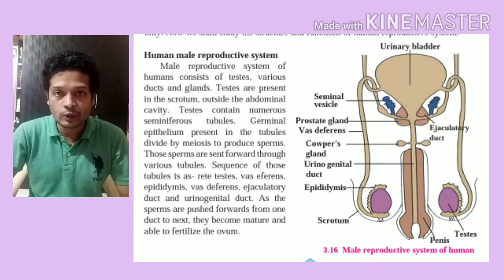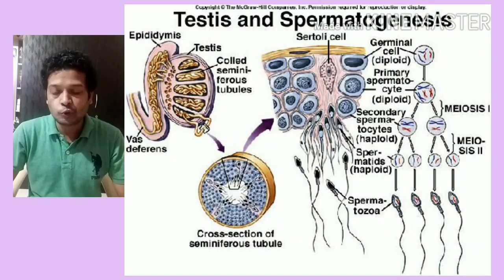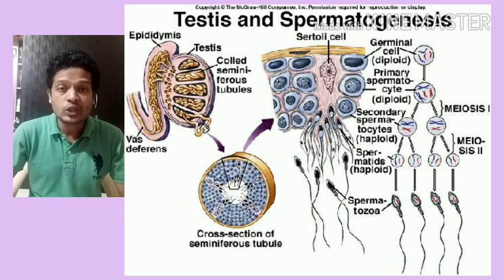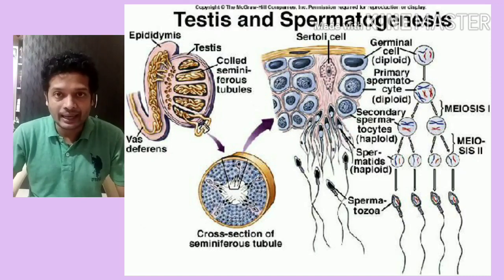That is the property of meiosis. We studied in the previous chapter that meiosis gives rise to 4 haploid cells. So the sperms in humans are formed as 4 haploid cells from the germinal epithelium of seminiferous tubules located inside the testes.